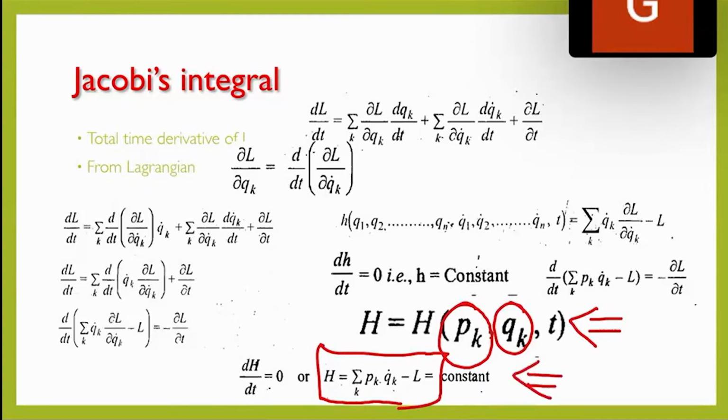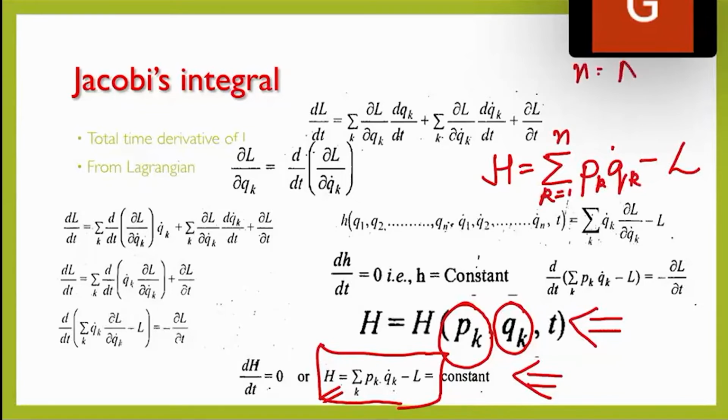H was found to be this: your Hamiltonian is the summation of p q dot minus L. If I write k here, that will be k from 1 to N, where N is your degrees of freedom.